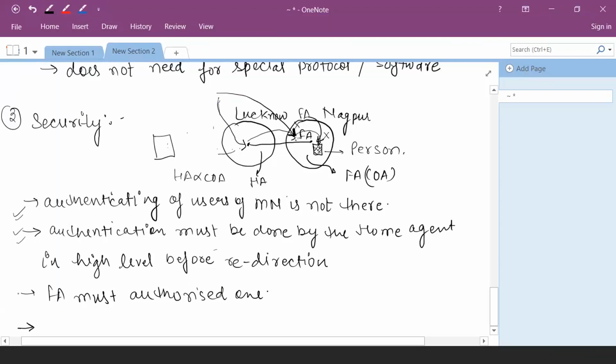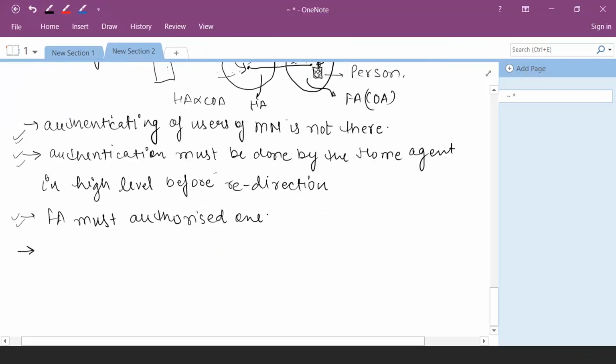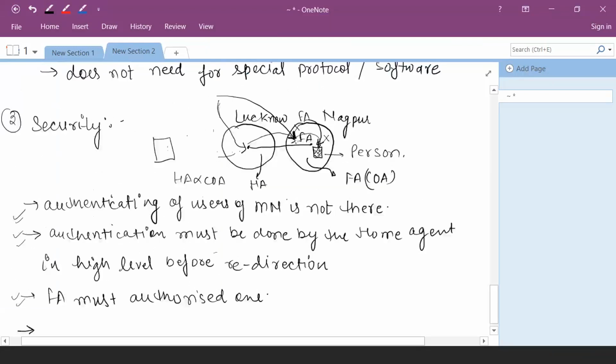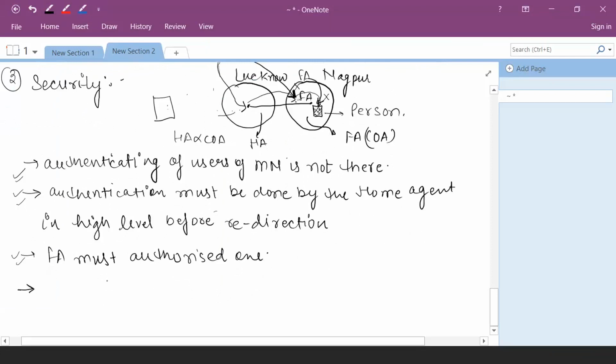So a lot of research has to be done in that case. So if you are going for doing an MTech, then you can elaborate on or choose one of these security concerns as a research area, with high level protocols.